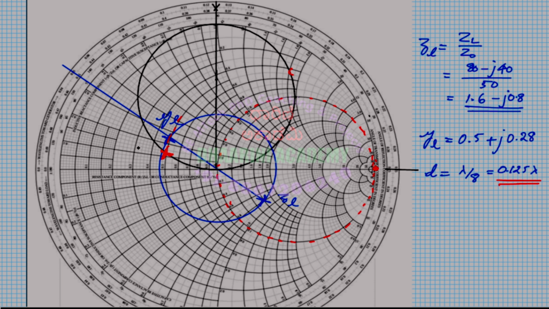Now this is the y1 form. The red color which we have marked is y1, so read me the y1.